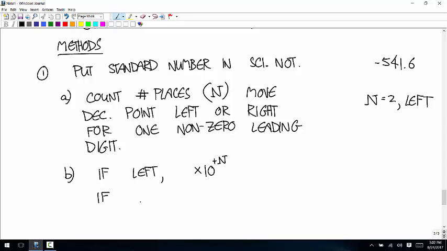If we had to move it to the right, we're going to multiply by 10 to the negative n. So in our example, we had to move it 2 places to the left. So our number is going to be negative 5.416 times 10 to the positive.